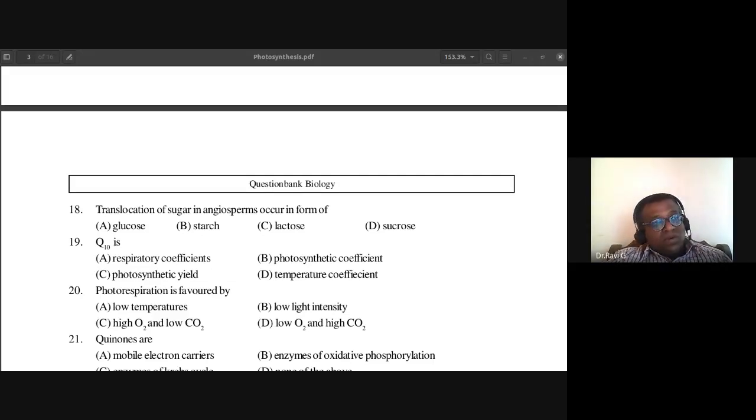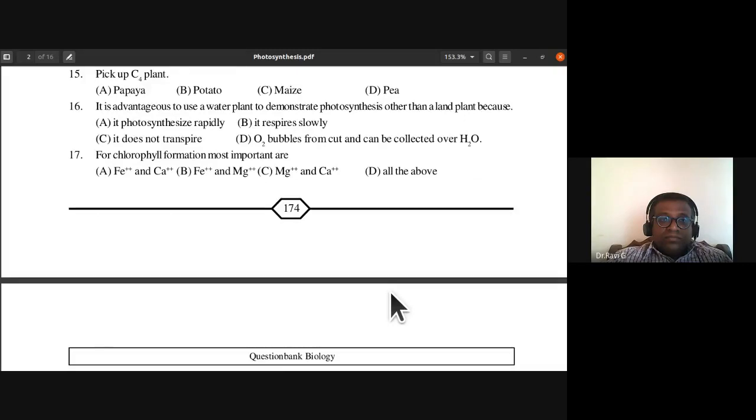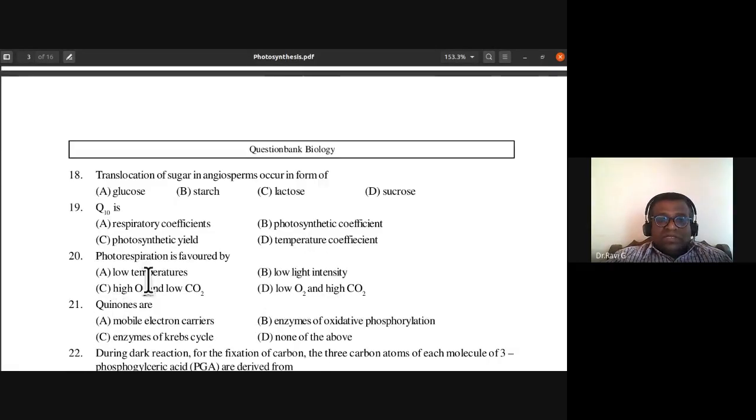That is the major component. Okay, so C is the right answer: high oxygen and low carbon dioxide favor photorespiration.